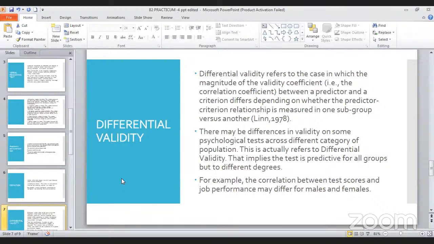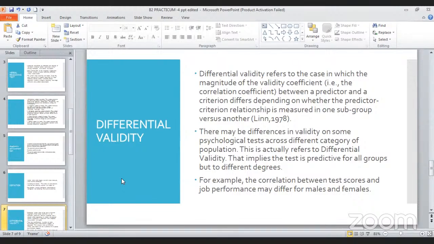So, actually, the differential validity means whenever we are trying to measure the validity, we are finding out the correlation between a particular test and another test that also measures the same content or the same construct.